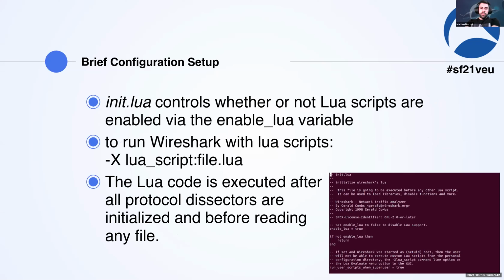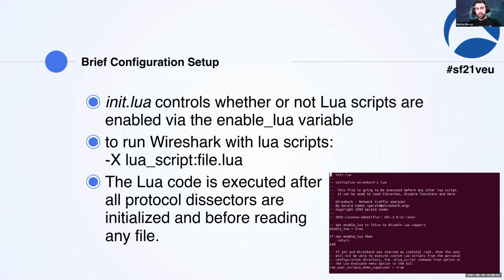So before taking a look at how it is possible to develop a Lua script in Wireshark, we have to set up a few things. First of all, we have to enable a variable in the configuration file of Wireshark, a file called init.lua.